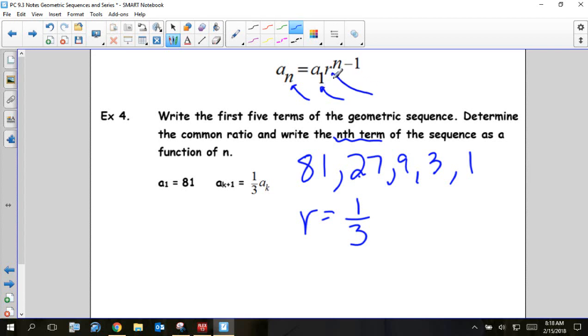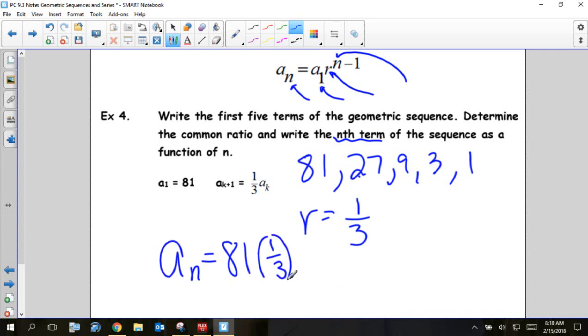What am I plugging in for r? 1/3. And what am I plugging in for n? If I'm finding the nth term, I'm putting n in for n. You're finding a formula. a sub n equals 81, parentheses, because it is a fraction, I need the parentheses so that my exponent goes on the whole fraction.